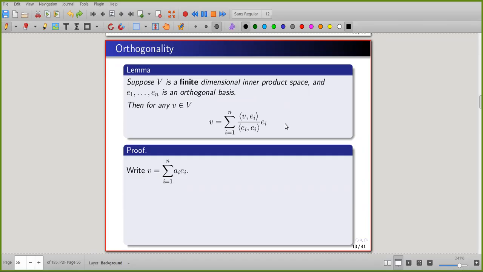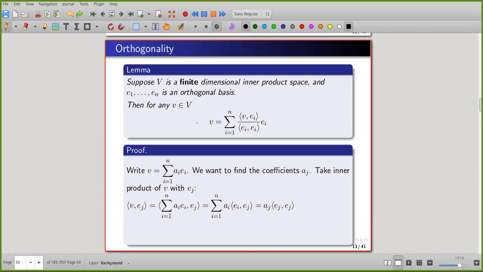Since E1 through En is an orthogonal basis, that's given to us, in particular it's a basis, so I can write my v as the summation of a_i e_i, and our task is to find these a_i's. We want to find the coefficients a_j, so we take the inner product of v with e_j.